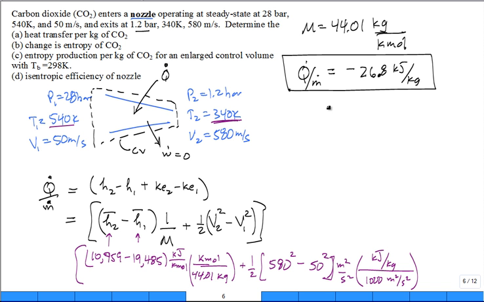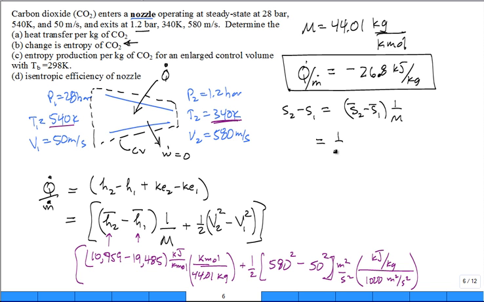What is the change in the entropy for part B of the CO2? Are they asking for S2 minus S1? Can I just get that as S2 bar minus S1 bar times 1 over the molar mass?